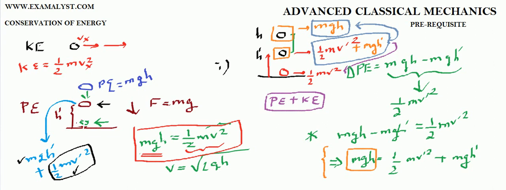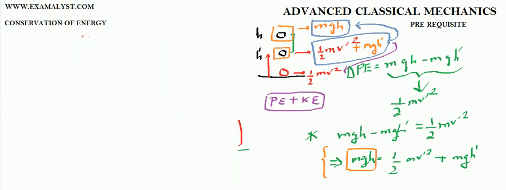So continuing our example, now consider that you have a spring mass system. Consider this was the equilibrium position where the mass makes no motion.